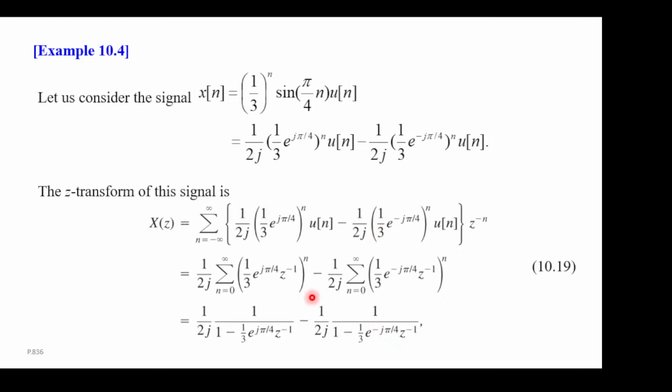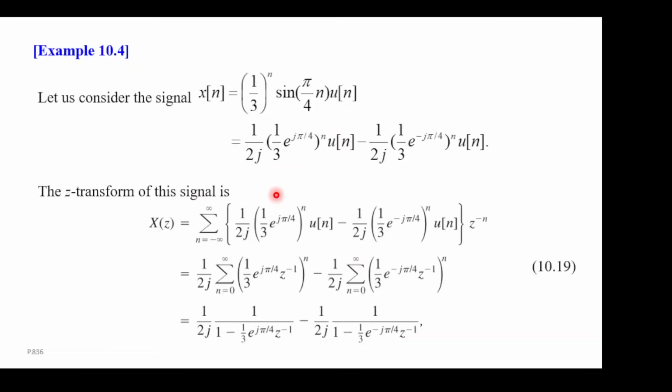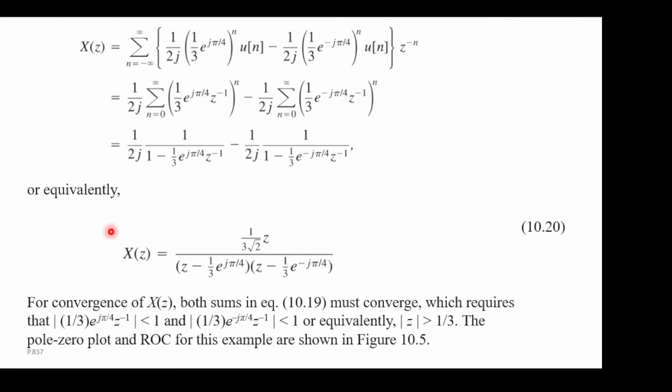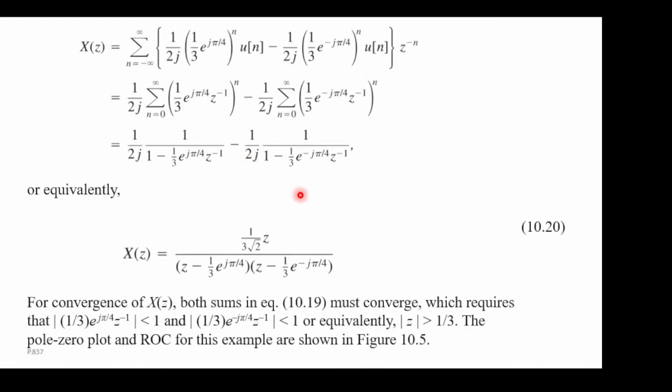Just like before, this is your Z transform, and we're just copying this here. If you want to write everything together as a rational function, then you multiply all this. The calculation might be a bit ugly, but we skip all the calculation, and the result is this.